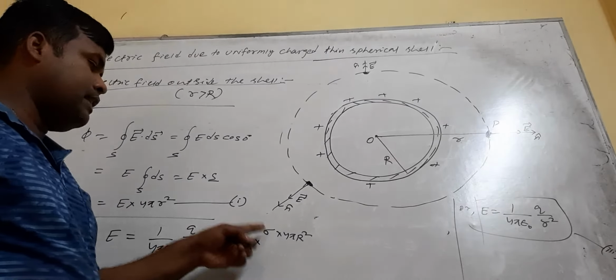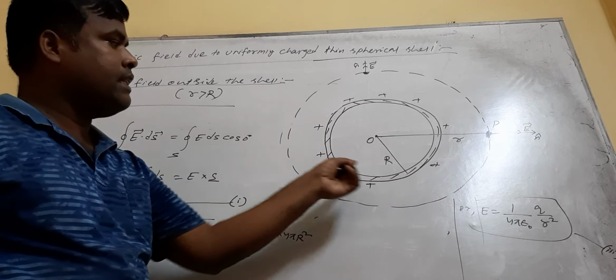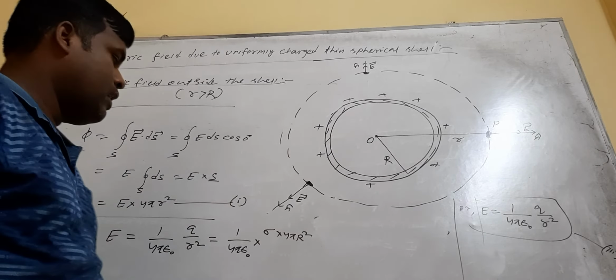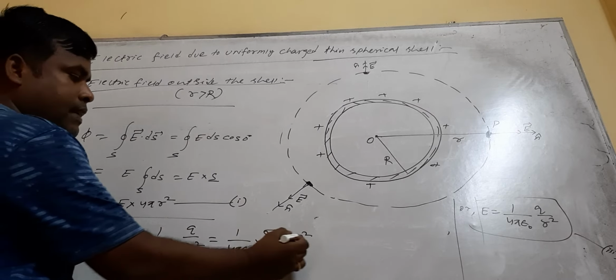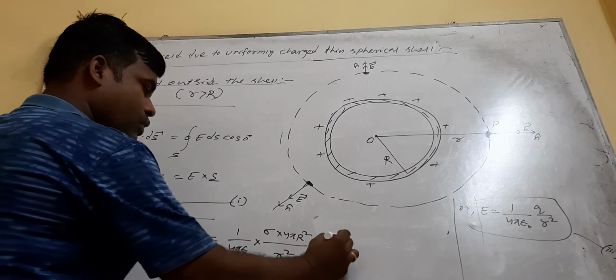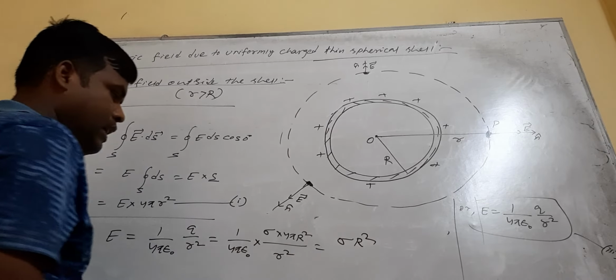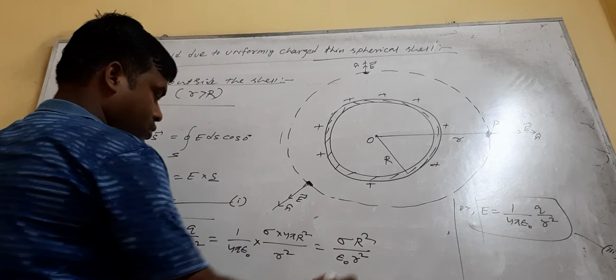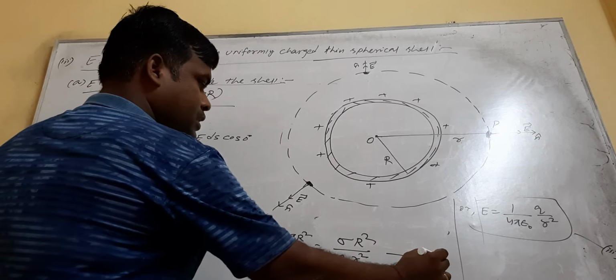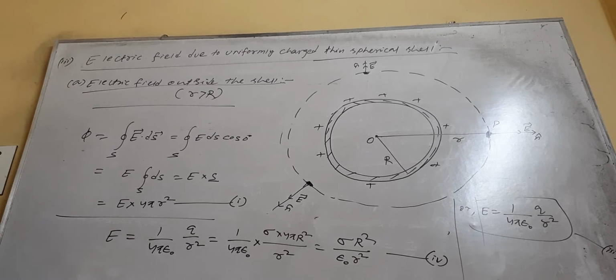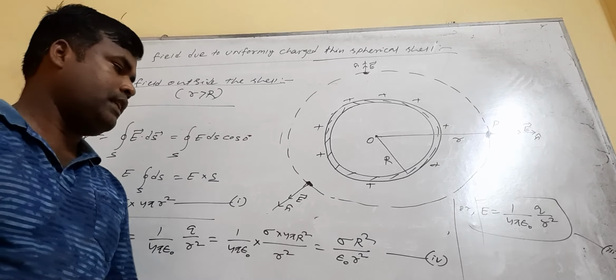So surface density is sigma, and as the radius is r, the surface area is 4 pi r square. So for q you can write sigma into 4 pi r square divided by r square. So you get sigma r square divided by epsilon 0 small r square. It is another expression for electric field due to the thin spherical shell.